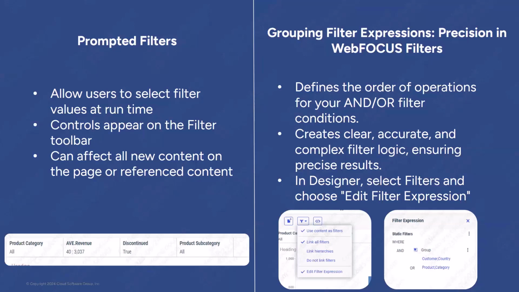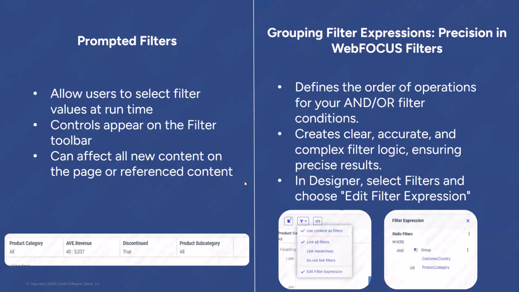These selections are made through various controls on the filter toolbar, and they can dynamically affect all content on the page or any reference content using the same parameters. So you can also have a notion of global variables that can carry through to any content within the session.